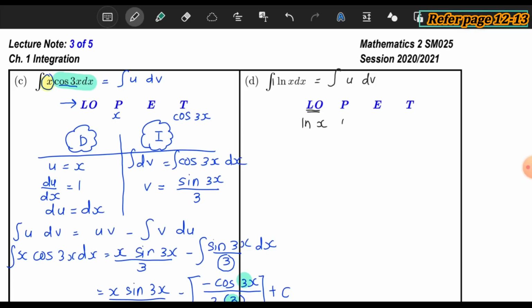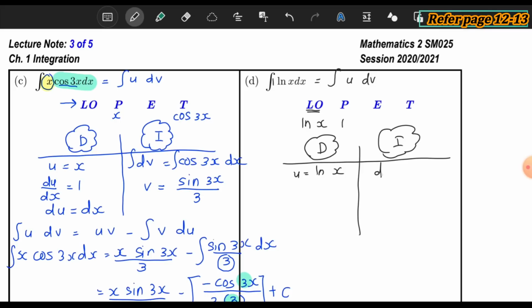So, we put 1 under polynomial. So, for this case, we need to differentiate u equal to ln x and integrate dv equal to 1 dx. Ln x is u, therefore 1 dx will be dv.